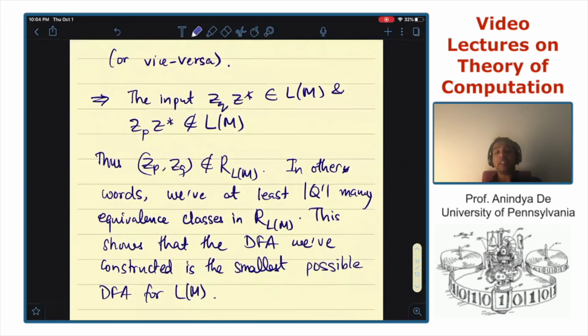In the previous lecture, we had seen that any DFA computing L of M must have at least as many states as the number of equivalence classes in R_LM. So this shows that the DFA we have constructed has precisely the smallest number of states that any DFA computing L of M can have.